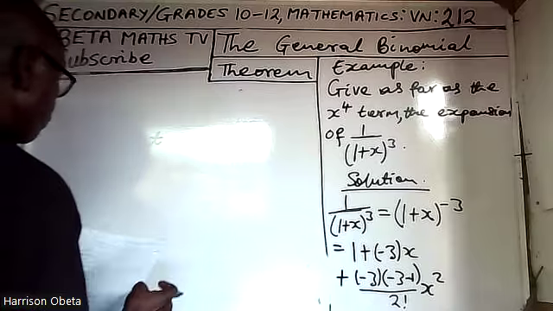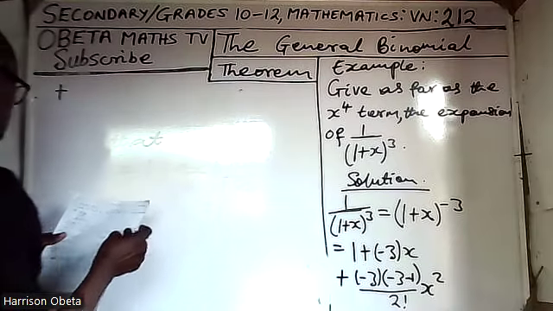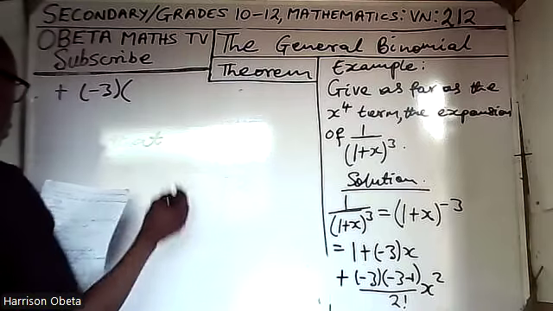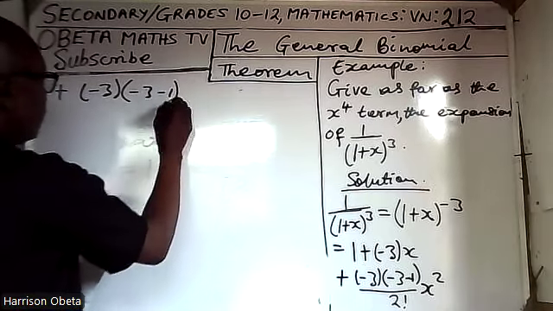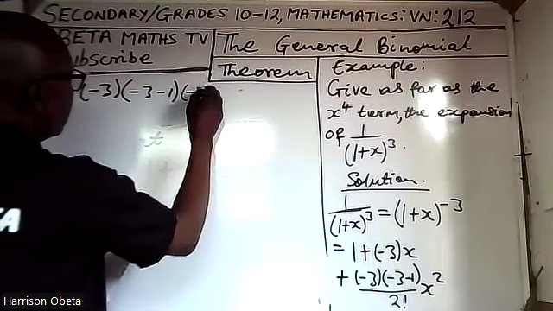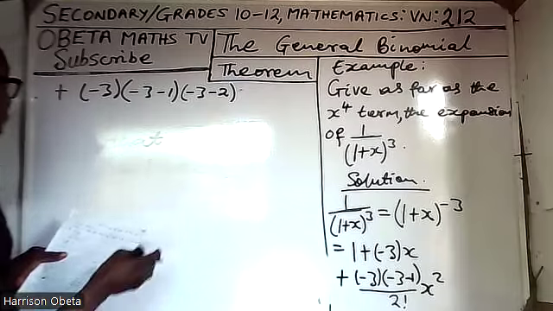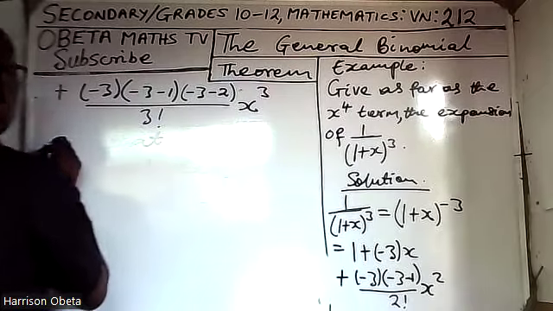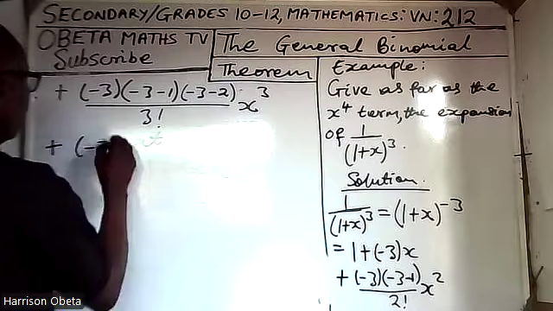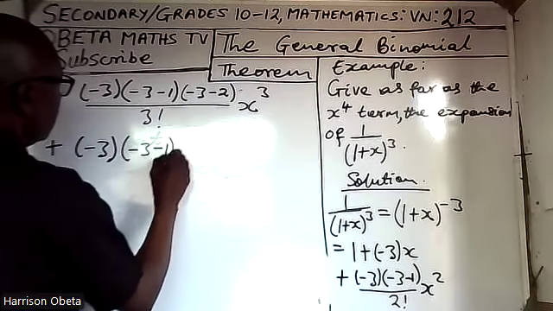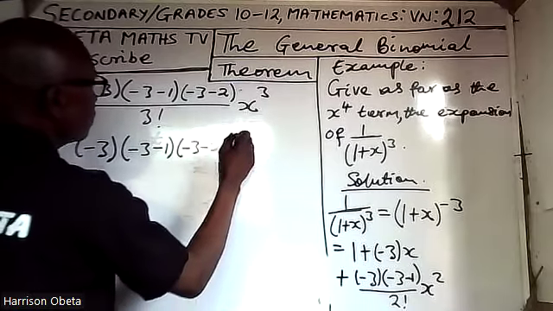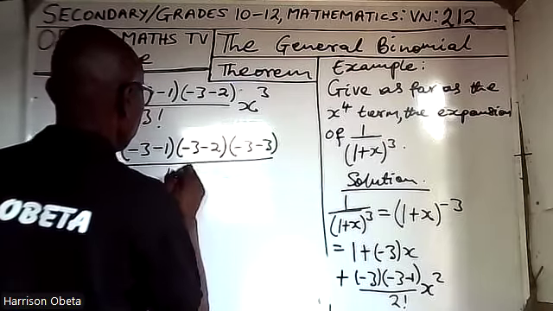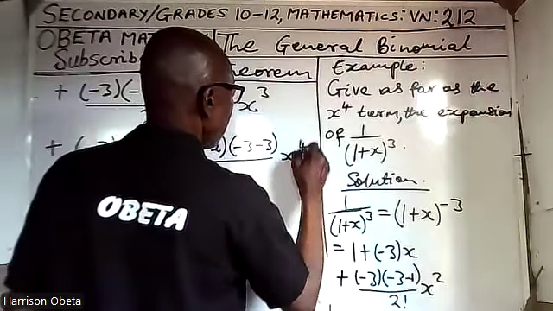Then followed by plus (minus 3)(minus 3 minus 1)(minus 3 minus 2) all over 3 factorial x raised by 3, plus (minus 3)(minus 3 minus 1)(minus 3 minus 2)(minus 3 minus 3) all over 4 factorial x raised by 4.